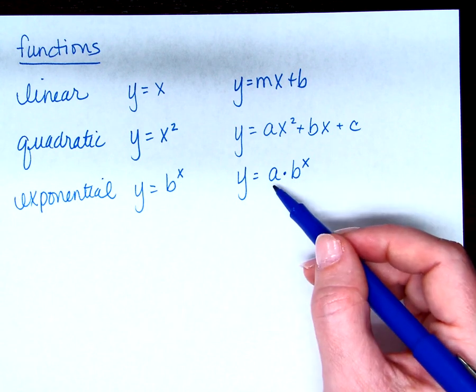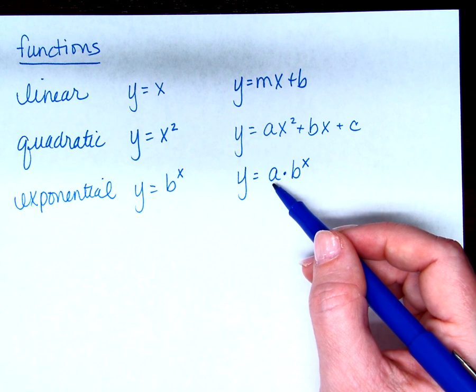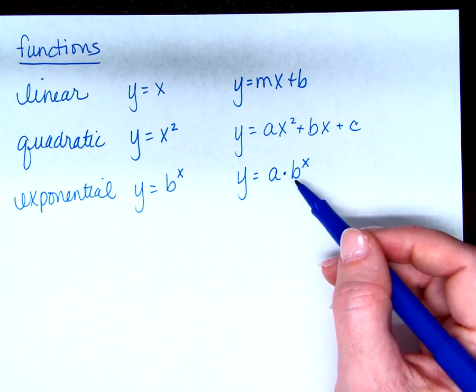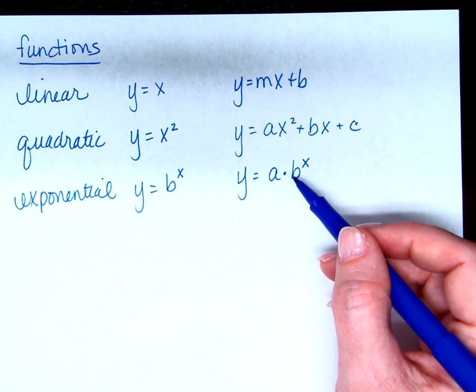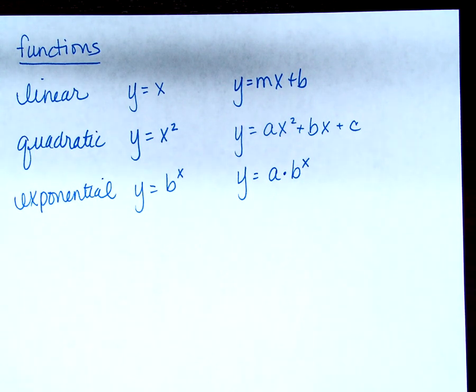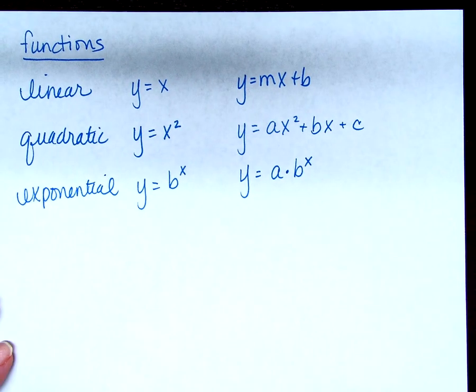I started with 5 grams of some sort of radioactive substance, and it's going to have a half-life of however many years. What's B that time? 1/2, right? Does everybody understand that? Science or money usually is as exponential functions. That's not all, but that's a lot of it. Does that make sense? Okay. Any more questions about exponential? Do you feel a little bit more confident with those now?